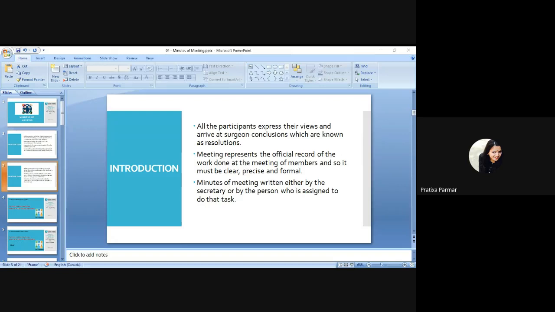You can write the things that are really important to document. Let's say in the meeting people share so many ideas, but you should always put down the important points, the valid points. So that way it should be very precise and very formal. That is the format that you should follow.